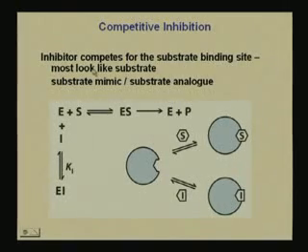So the inhibitor competes for the substrate binding site, and obviously therefore it must look like the substrate. Since the active site is so specific, if it has to compete for the same site, it has to look like the substrate, which is why it is also called a substrate mimic or a substrate analog.